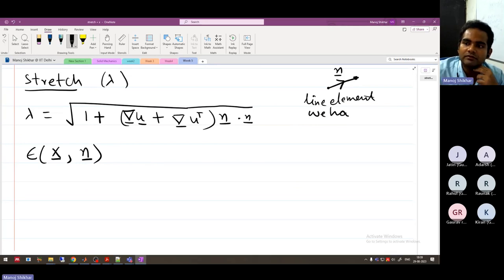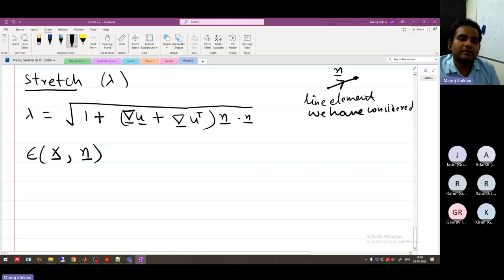So n is the direction of the line element we have considered. X is the point at which we are trying to find the strain. So the longitudinal strain has formula lambda minus 1.